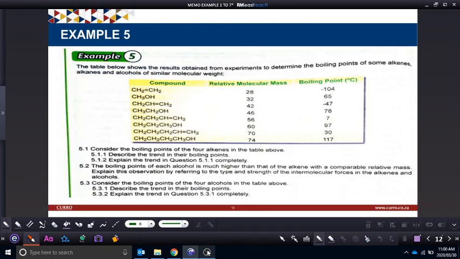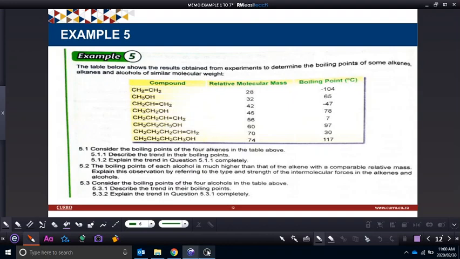Okay, now we're back with example number 5. The table below shows the results obtained from experiments to determine the boiling points of some alkenes, alkanes, and alcohols of similar weight.